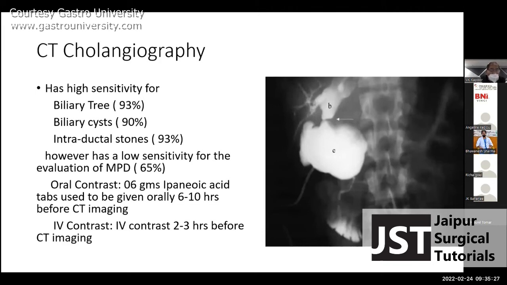For oral contrast, you can give 6 grams of iopanoic acid tablets 6 to 8 hours before the CT scan, and in IV cholangiography, you give IV injection 2 to 3 hours before the CT.